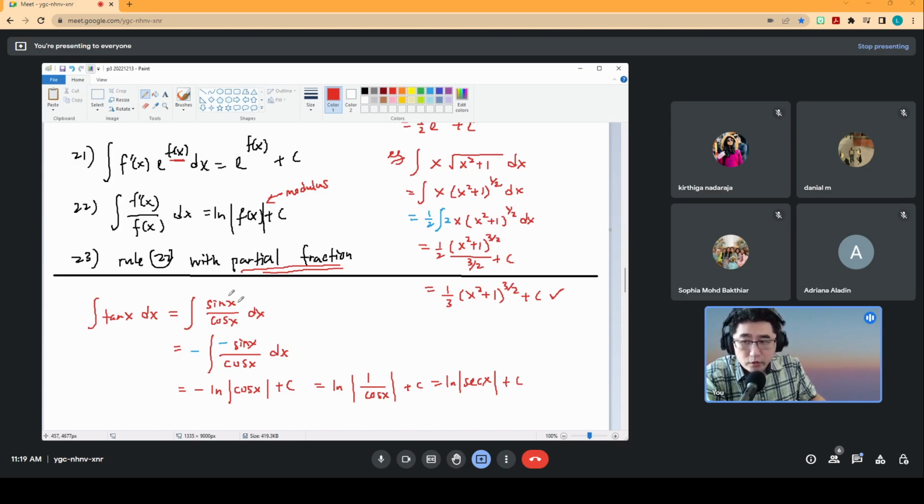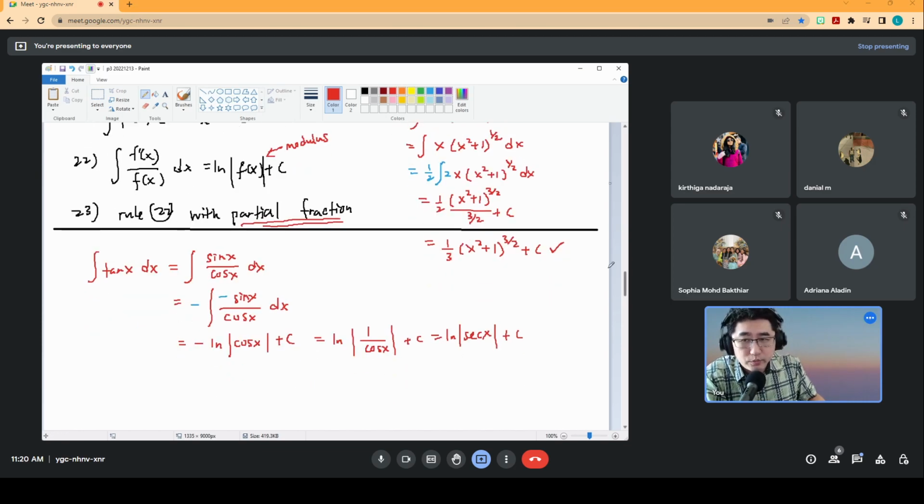Okay, then 23 is just 22 with partial fraction, which means you are expected to do some kind of partial fraction before you can actually do the integration.